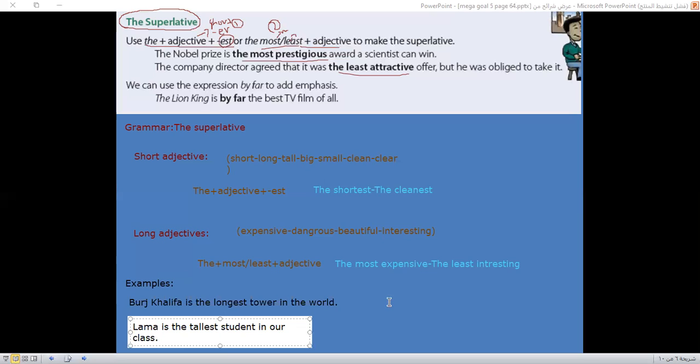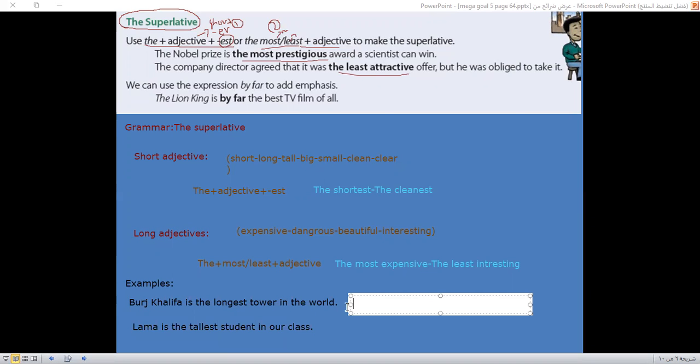Thank you. Now I need two more examples, but using the most and the least. Any example? I think it's very easy. Where are you, the rest?